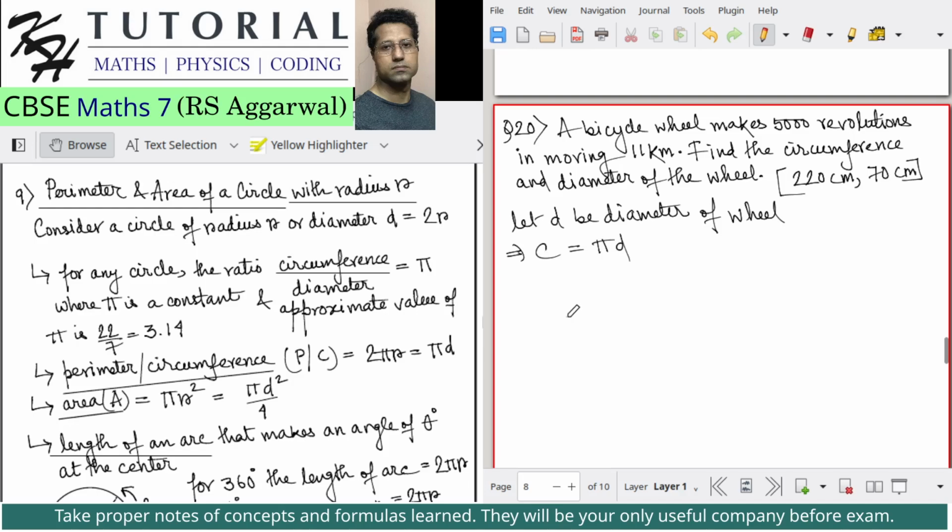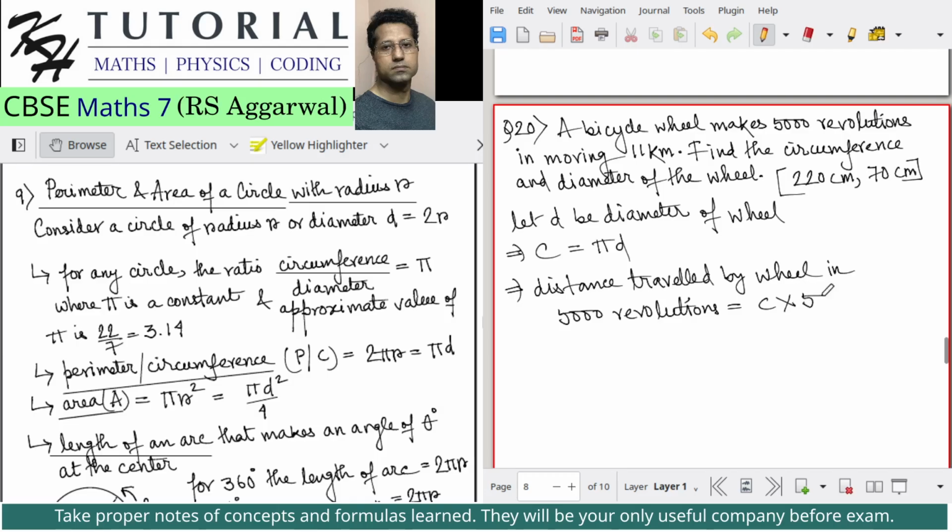Okay, and the distance traveled by wheel in 5000 revolutions will be equal to c multiplied by 5000, this much distance, where c is the circumference of the wheel. Okay, and the distance is given to be 11 kilometer.